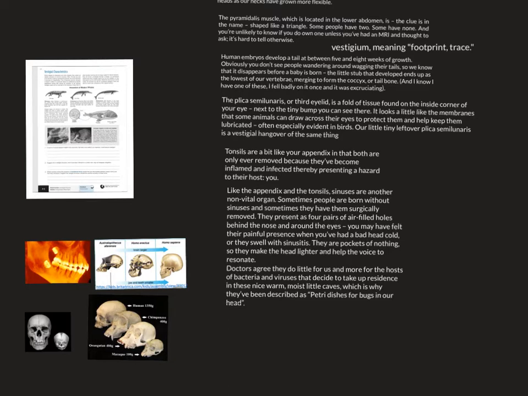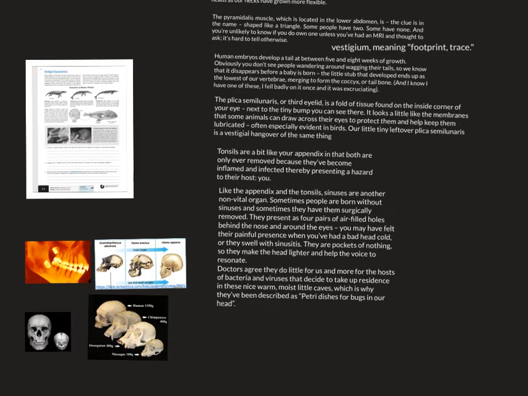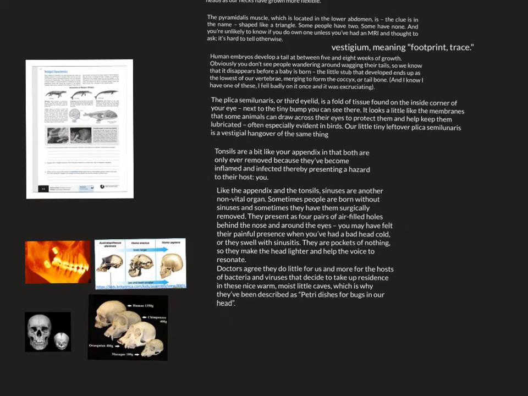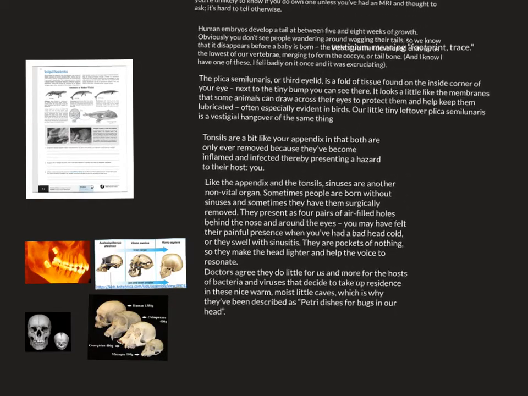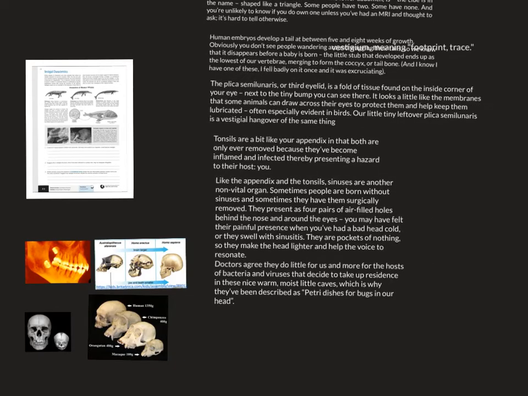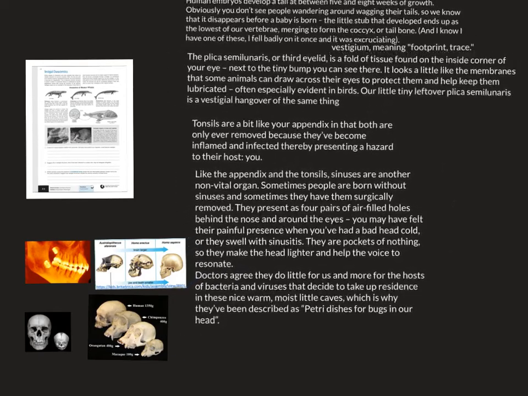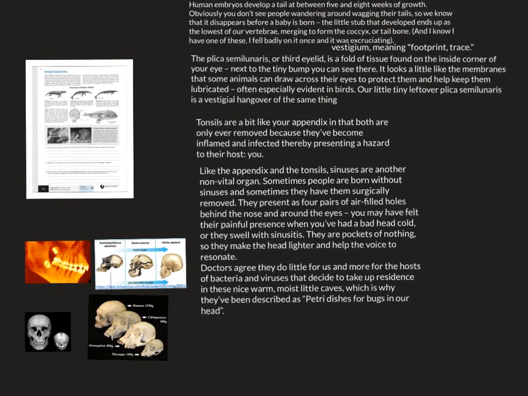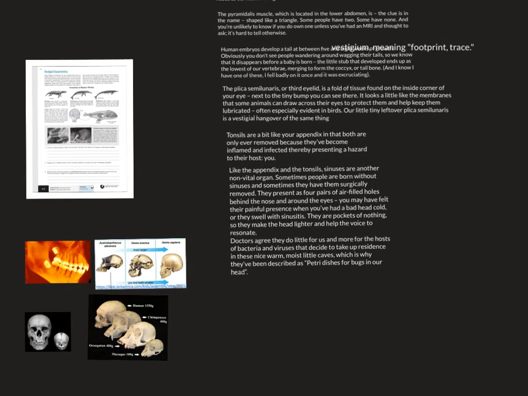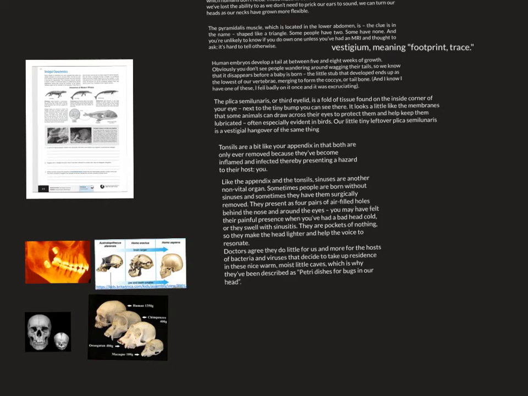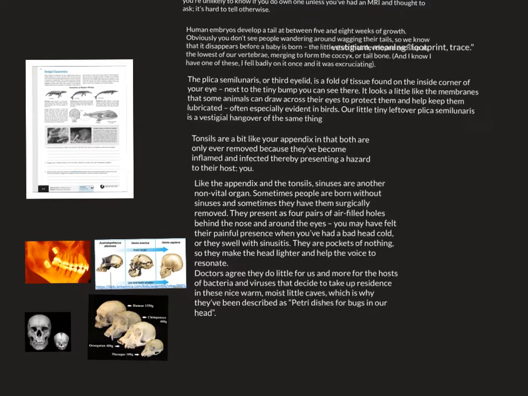So another one of those transitional genes that are slowly leaving the population, and who knows what we will look like in a couple thousand years, if that is selected for or not, and will it change in the population? Will that frequency change in the population? Perhaps it'll go the other way. Perhaps tails will start becoming more important to us, and in 10,000, 100,000 years, if we're still around, maybe we'll have tails again.